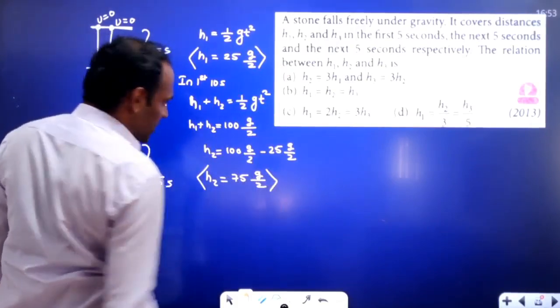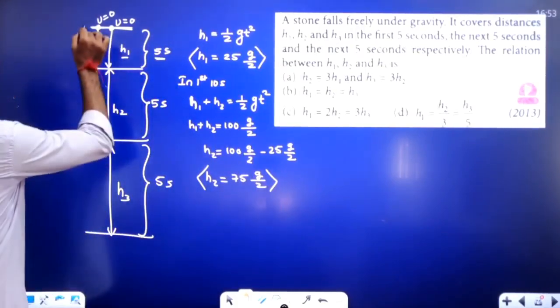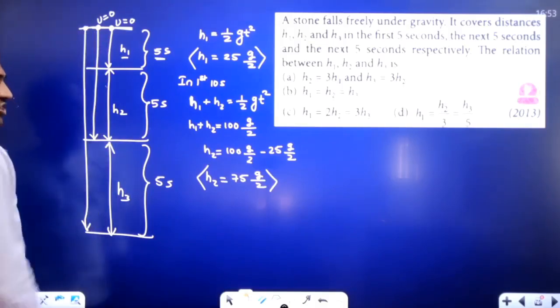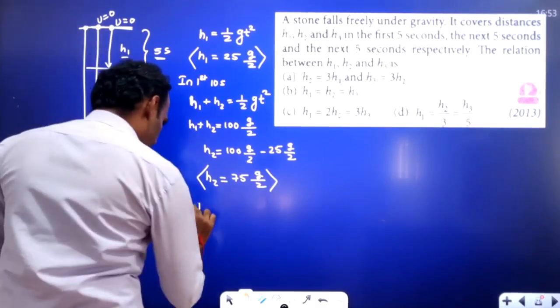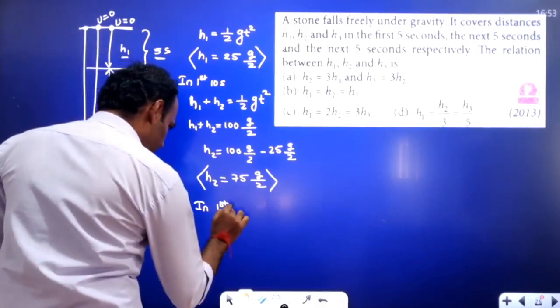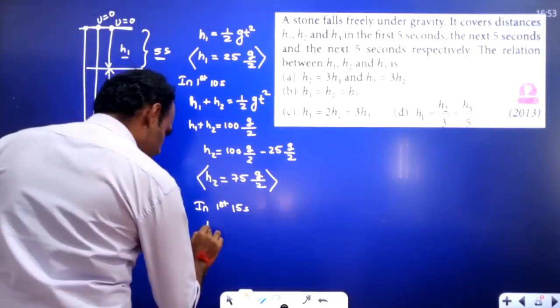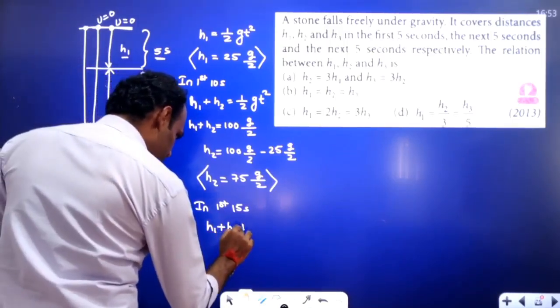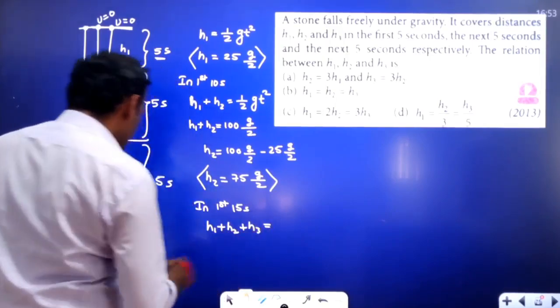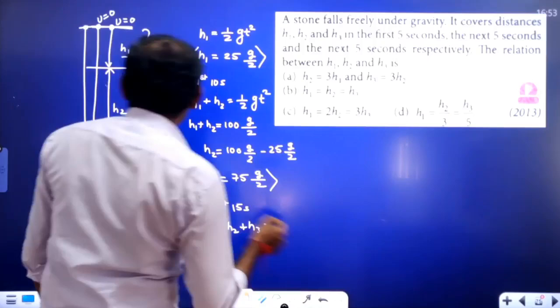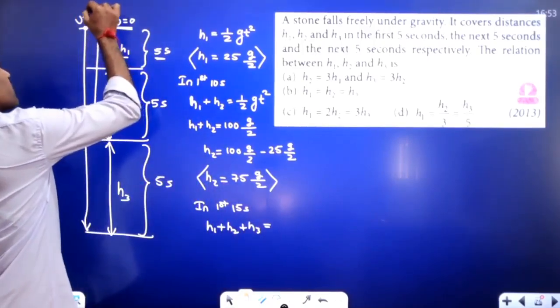Similarly we have to calculate h3. ಮಾಡ್ಲಿಕ್ಕೆ ಮತ್ತೆ ಏನು ಮಾಡ್ರಿ, first 15 seconds journey ತಗೋರಿ. In first 15 seconds, how much is the distance traveled? It is h1 plus h2 plus h3. Correct? Okay. So what will be the formula? U is as usual again 0 because we are taking from the starting point only.